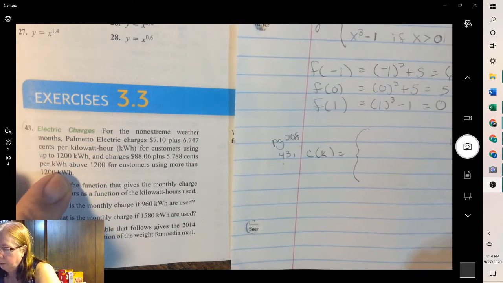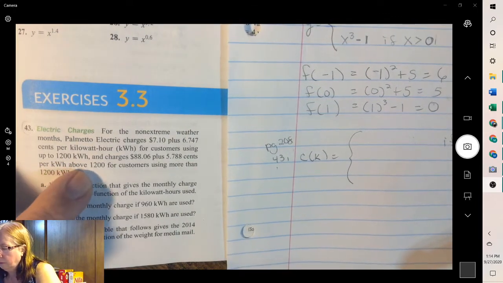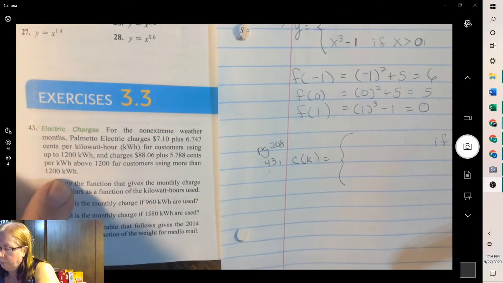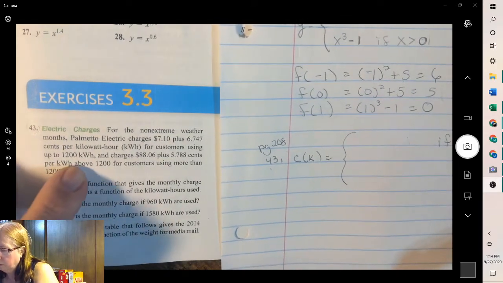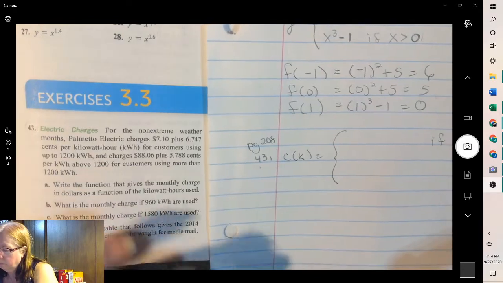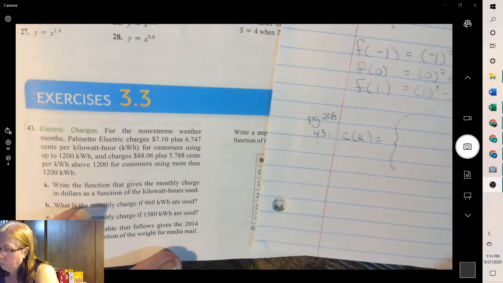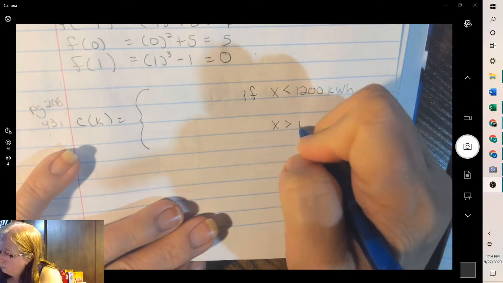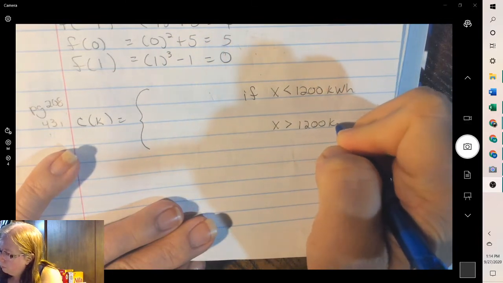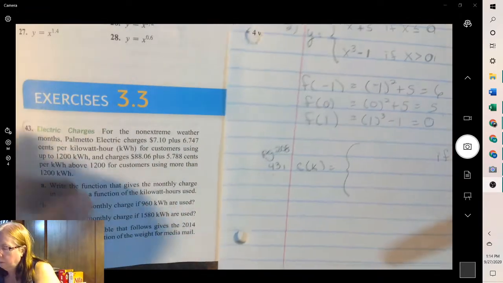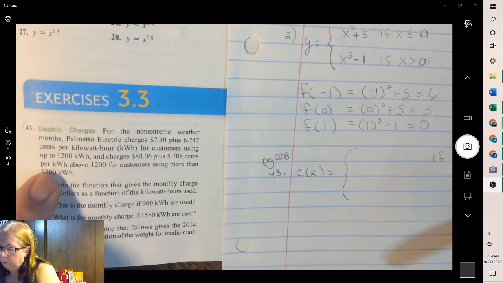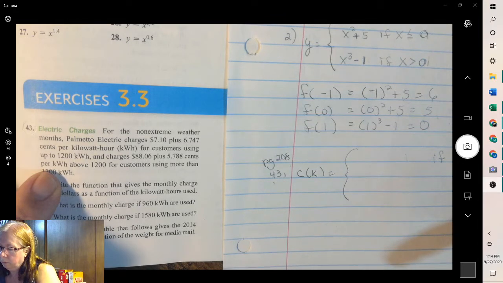The other one says if they're using above 1,200, for customers using more than 1,200.